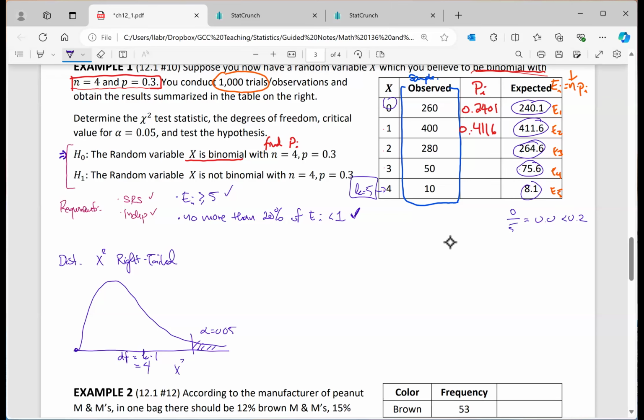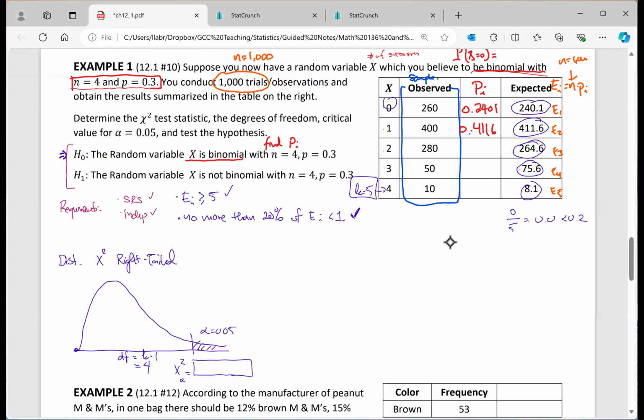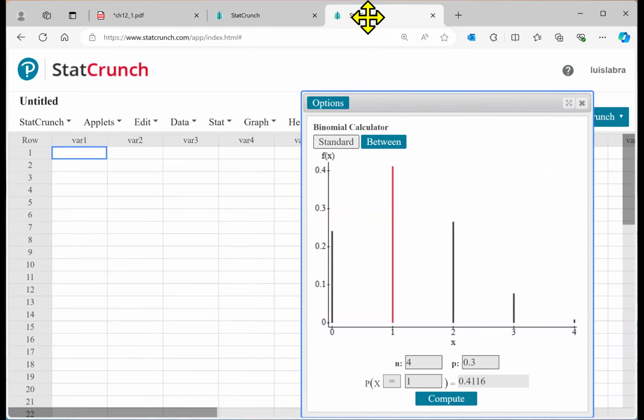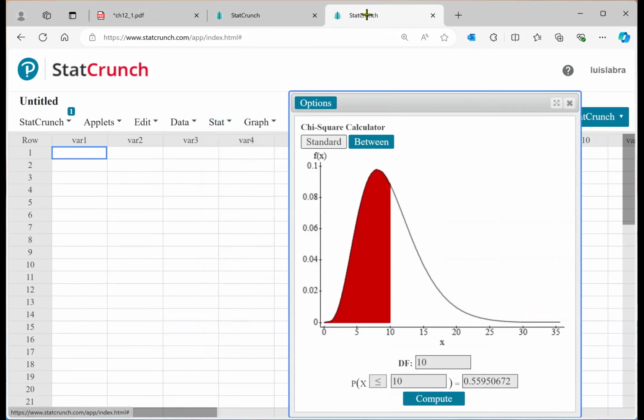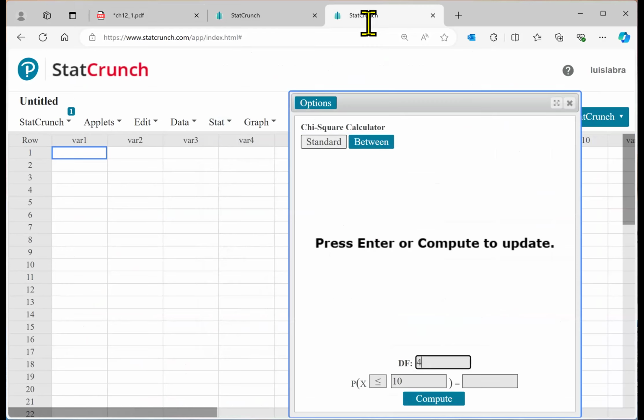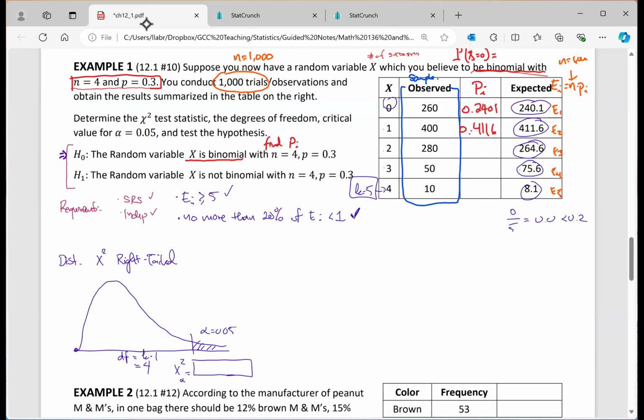Then I can find chi-squared of alpha with 4 degrees of freedom. So you StatCrunch for that. Four degrees of freedom, right-tailed, alpha is 0.05: 9.4877.